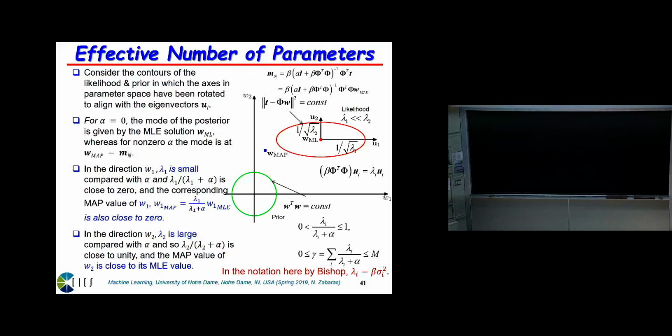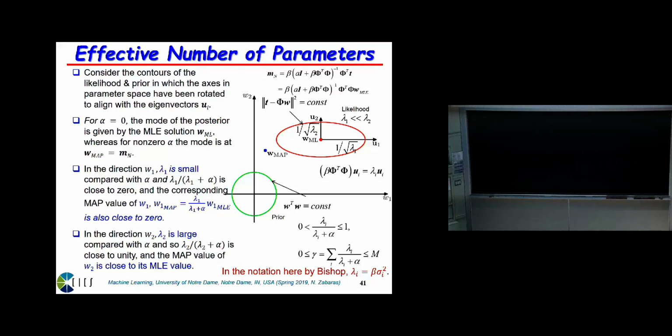Okay? So what I have here is I plot the mean square error. These are my contours that give me the MLE estimate. I also have the MAP estimate, where the prior contours act as a constraint. We want to see the relation of the MLE estimate versus the MAP estimate.